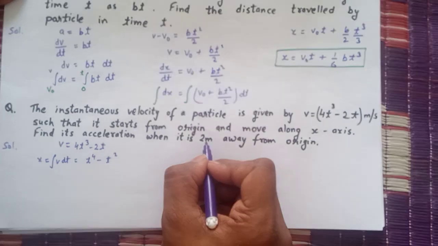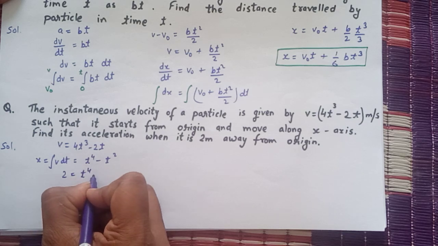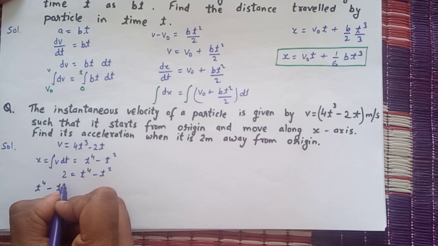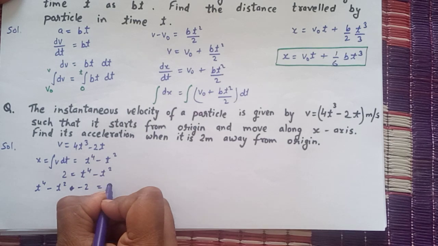The value of x is given, x is 2 meter, so 2 is equals to t raised to the power 4 minus t square, or I can write it as t raised to the power 4 minus t square minus 2 is equals to 0.